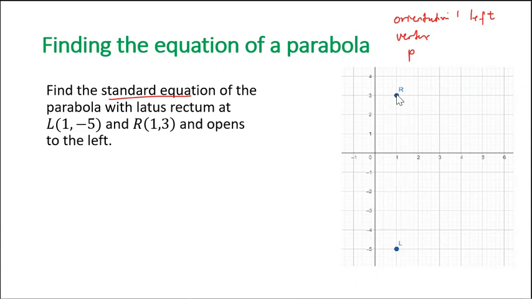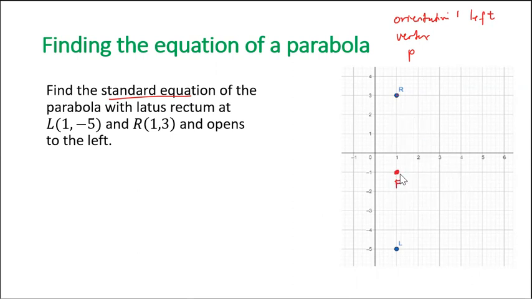So from the point R, we can move 4 units downward to get this point here. And this point is the midpoint of the latus rectum, and this point is the focus of the parabola. Now, since the parabola opens to the left, the vertex must be to the right side of the focus.